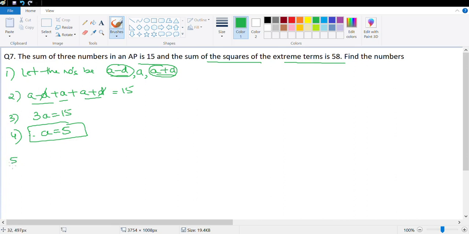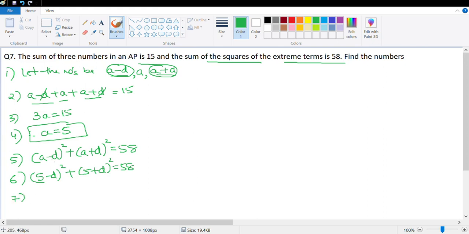What we have is A minus D whole square plus A plus D whole square. So the sum of the square of the extremes is equal to 58. Let's open the bracket. So this is 5 minus D whole square plus 5 plus D whole square is equal to 58. This is because A is 5.